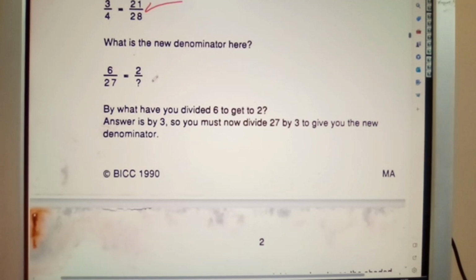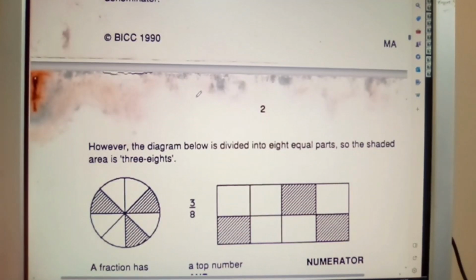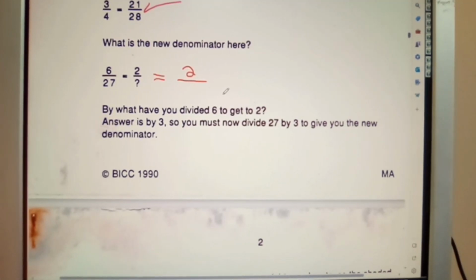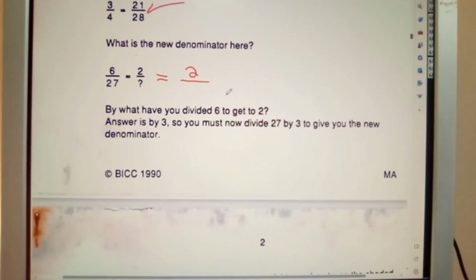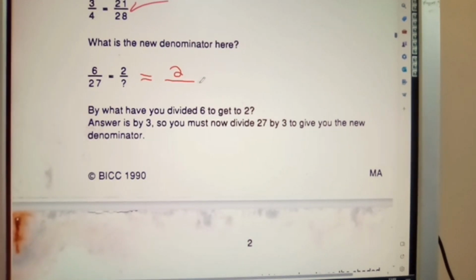So what's the answer here? The answer here is going to equal 2 over 9.